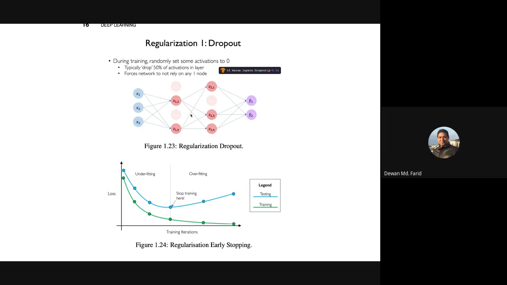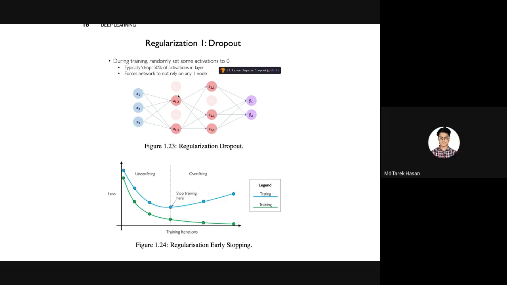Okay. So how do you drop the neurons of a network? That is done randomly. During training, we randomly set some activations to 0. If you look at this figure, you see these 3 neurons are deactivated. They are dropped out. Is it clear?